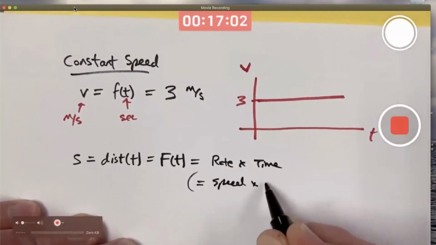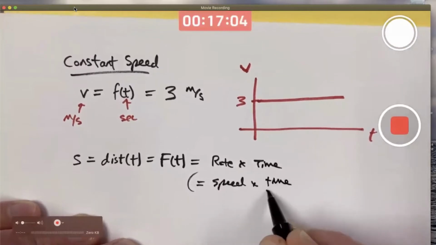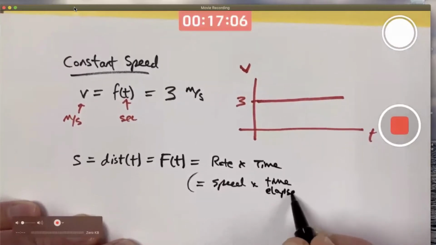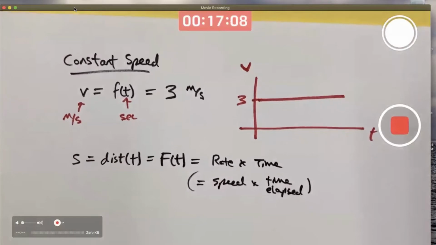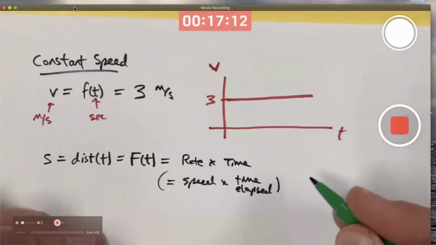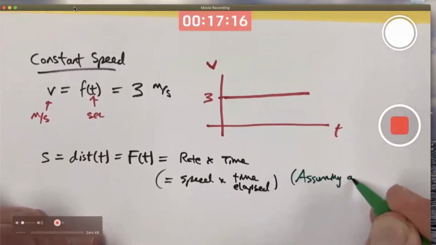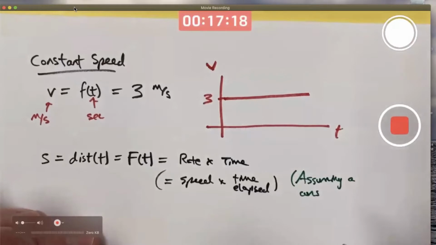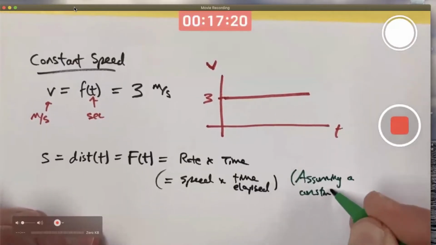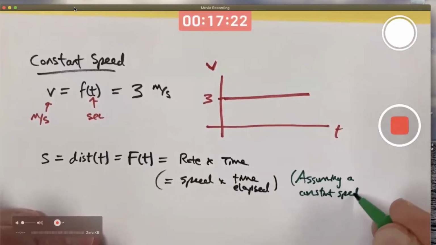Speed times time elapsed, if you want to be a little bit more specific. We're assuming a constant speed, which is what we are assuming in this problem. Then you can use this equation.